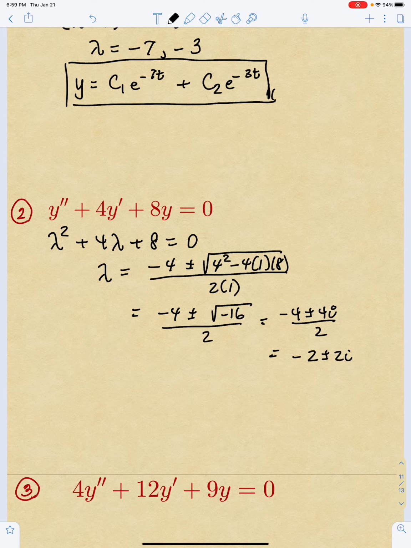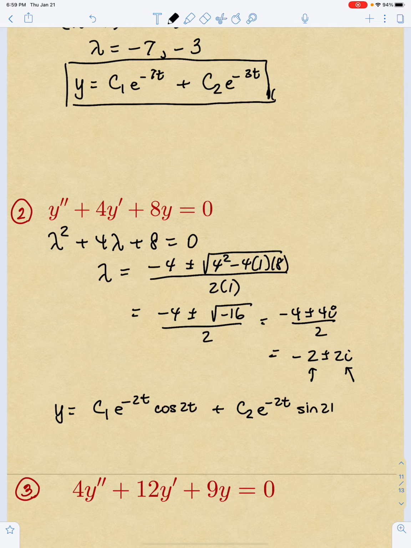So when that happens, the -2, the real part of the complex solution, is going to be our exponential, and the 2i is going to be what our sine and cosine are. So this means my general solution is c1 e to the -2t cosine of 2t, and I just always put cosine first, don't ask me why, plus c2 e to the -2t sine of 2t. So cosine and sine always go together in the same general solution as we're seeing. So there's that general solution.